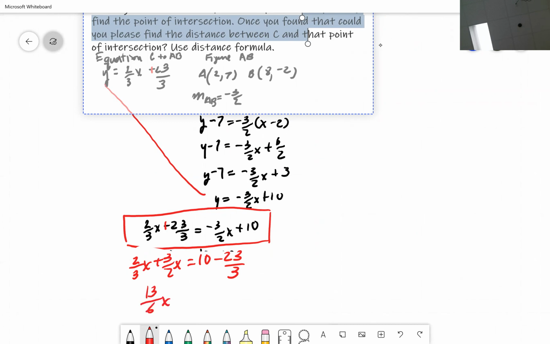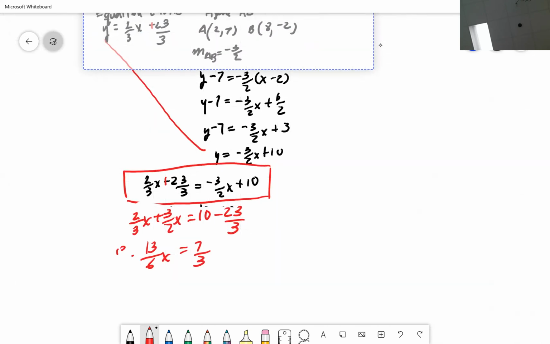And 10 minus 23 divided by 3 is 7/3. Now when I multiply by the reciprocal, 6/13, we're going to get a much more palatable number that makes sense. So we multiply 7/3 by 6 divided by 13, and it's going to be x equals 14/13, which makes kind of perfect sense.